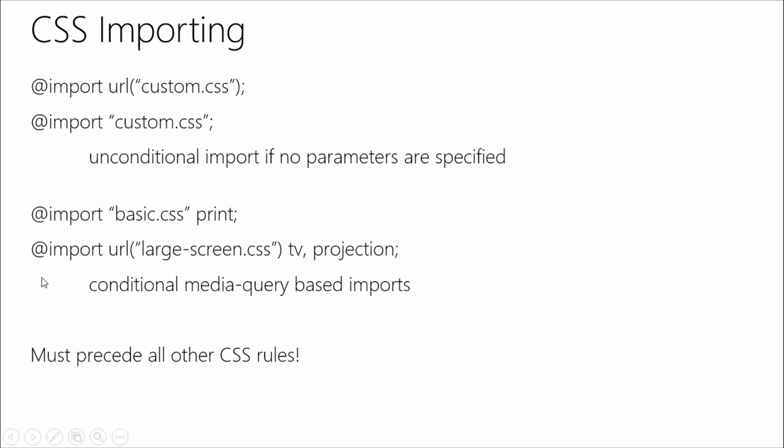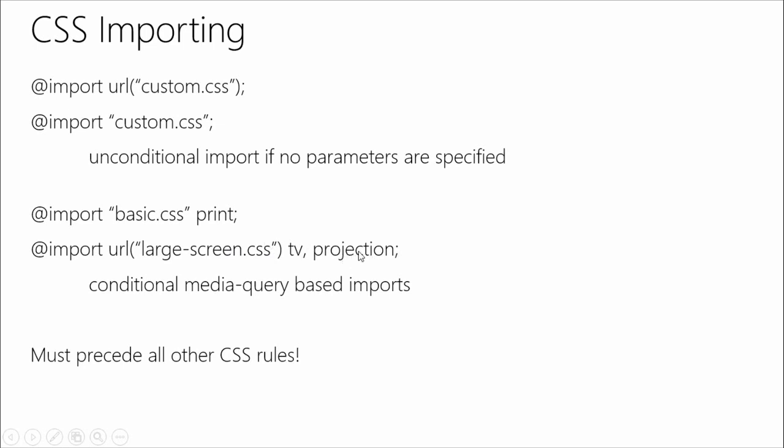Whereas for the two subsequent examples, I'm importing a basic.css for a print media type. That just uses the basic CSS only if the print media query is triggered. Whereas this following one is importing the large screen CSS files for TV or projection media types.